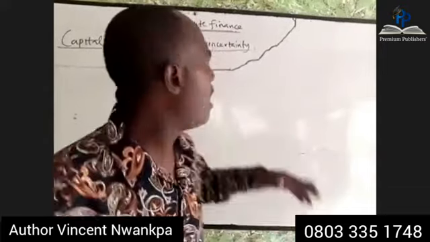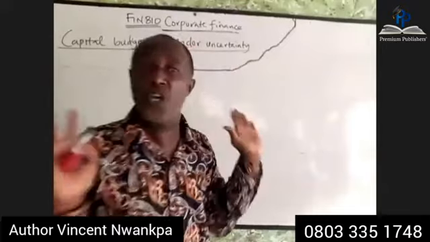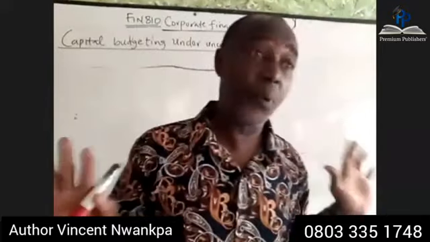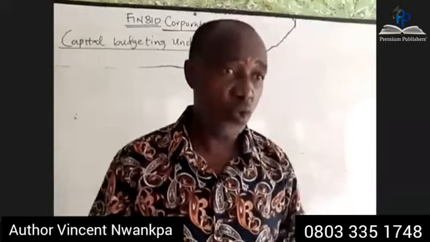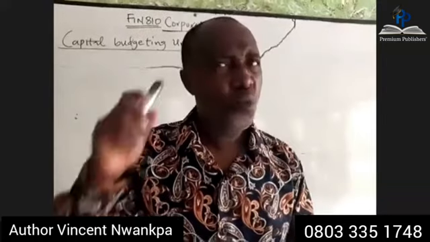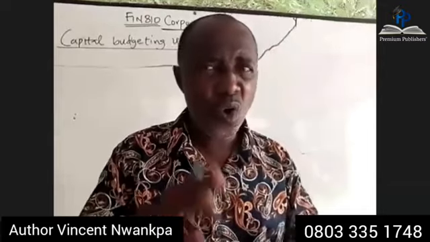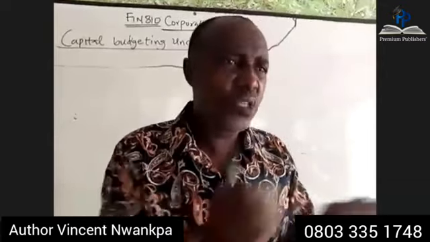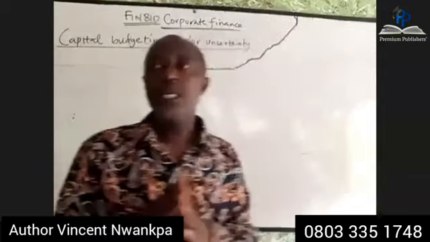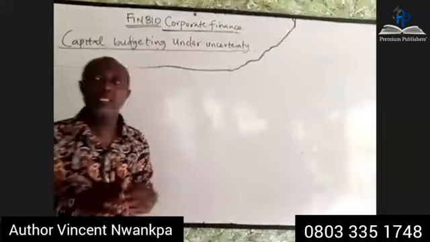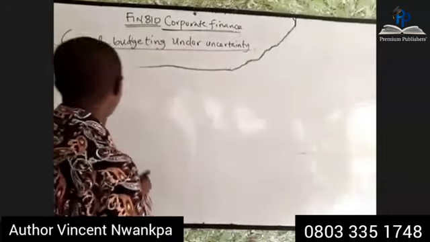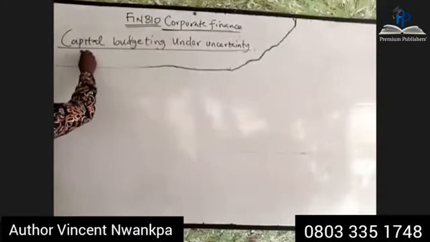But when we say uncertainty, it means it's unknown. We don't even know what will happen. A state of unknown. Nobody has done it before, and there is no tip for us to know what will happen if you enter that kind of business. There are two main methods involved.